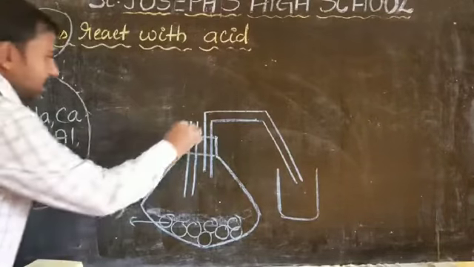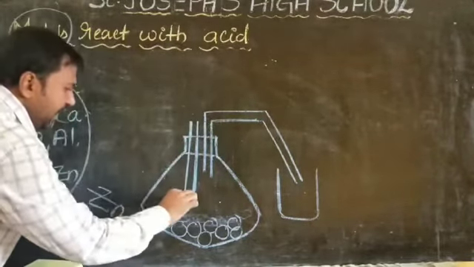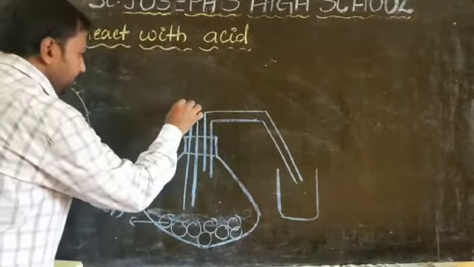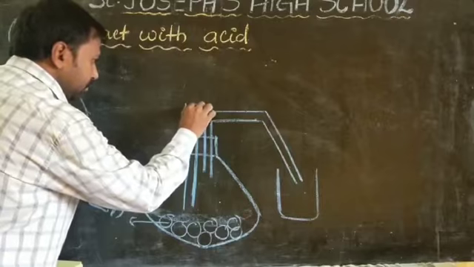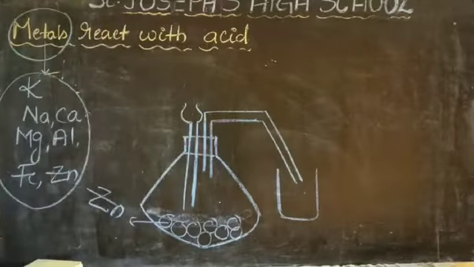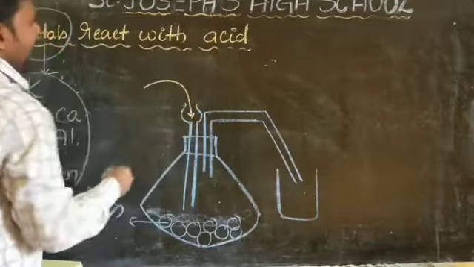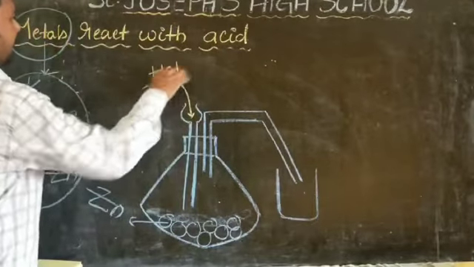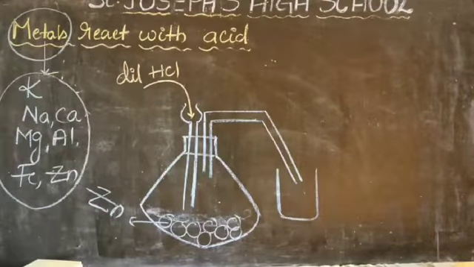Next, this is a thistle funnel. Now add acid, dilute HCl, not a concentrated one, dilute HCl.